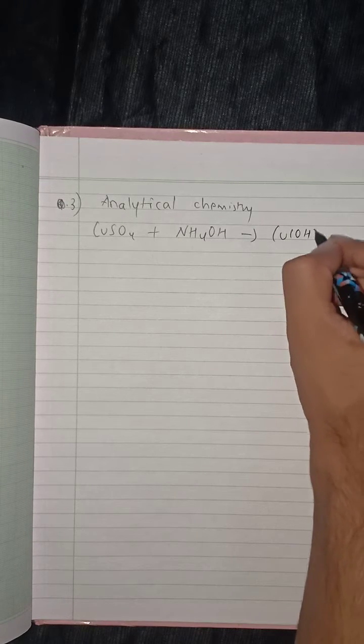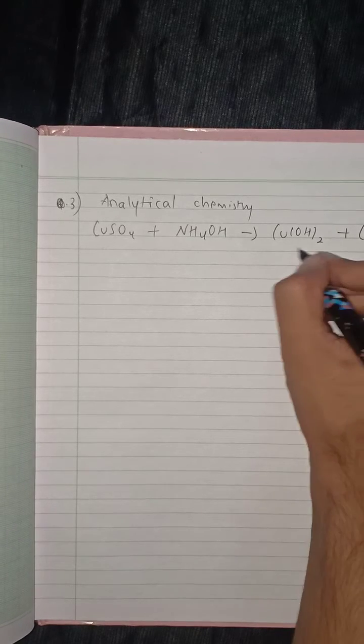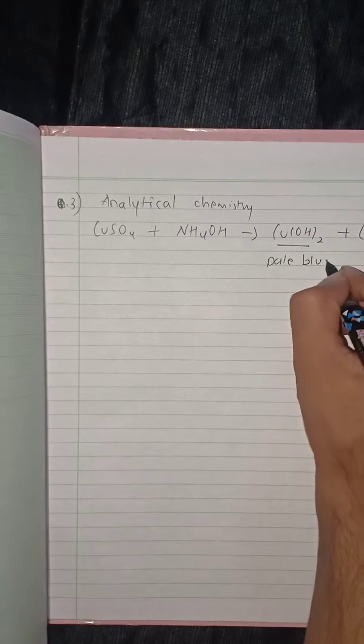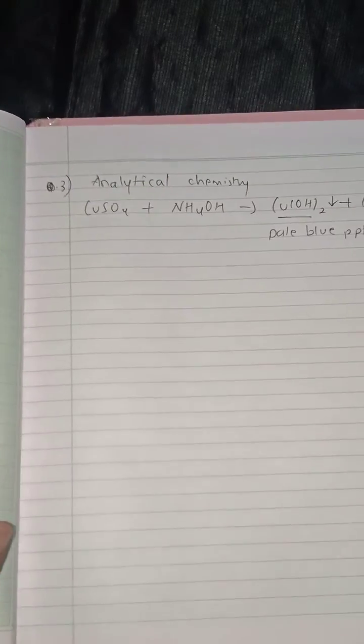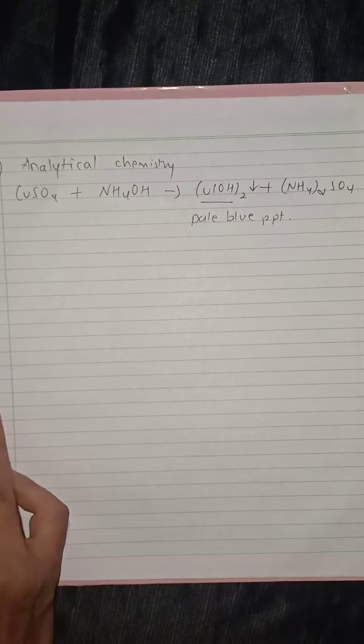Copper hydroxide, a base, is going to get formed. And then we know this is the pale blue precipitate, with a downward arrow. We have already covered this part before also.